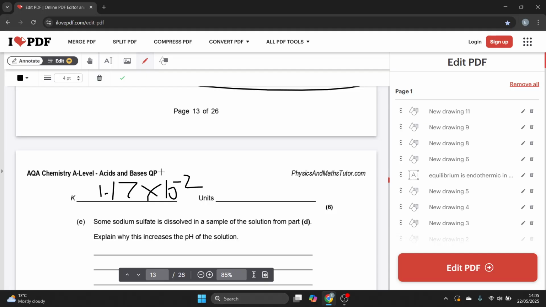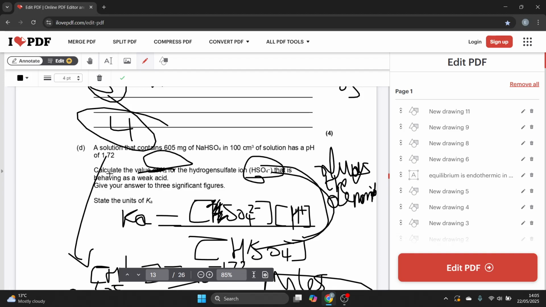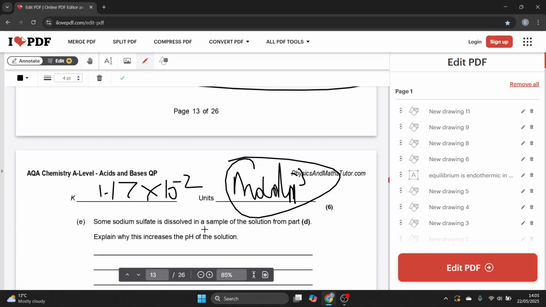The units are moles per dm cubed, and it's always going to be this, remember, because you're working with concentrations. So with Ka, you're going to have moles per dm cubed squared over moles per dm cubed, which becomes moles per dm cubed.